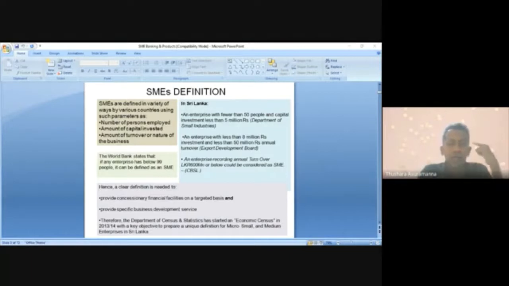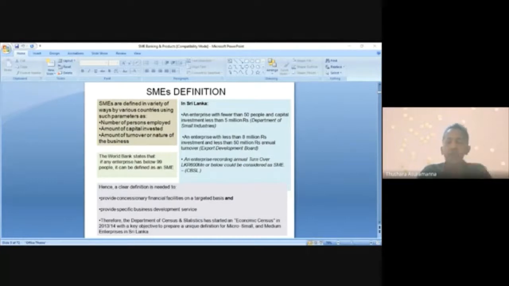Or as per the EDB, they defined enterprise with less than 8, investment less than 50. It has been changed over time. In the recent past, we have seen turnover below 600 million in terms of businesses.